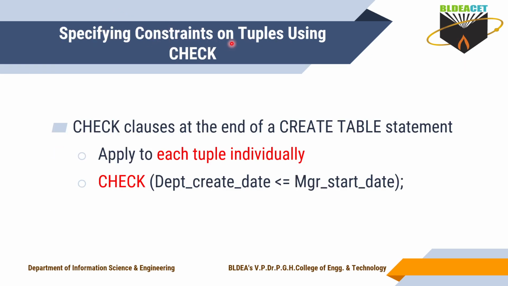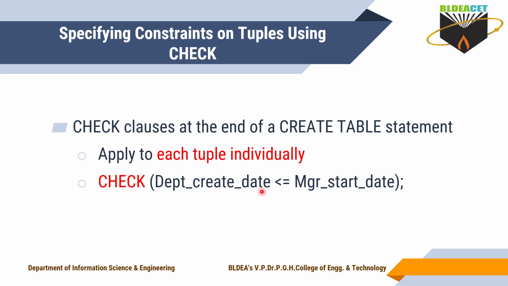Next is specifying constraints on tuples using CHECK. You can also use this for tuples, meaning when you enter the values, it applies to each tuple individually. Here the check is that department create date is less than or equal to manager start date. So the manager start date you take must be greater than or equal to the department create date.